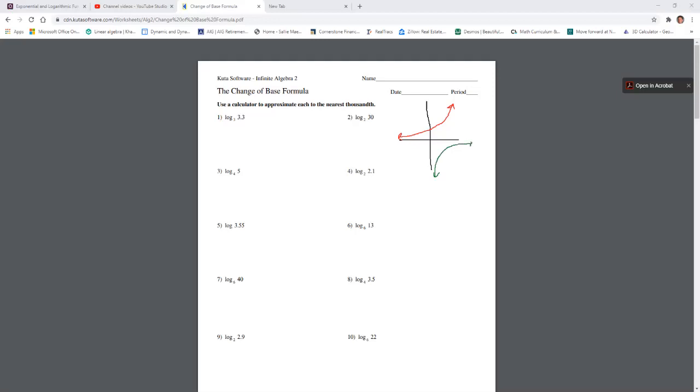And notice that if you were to shine a mirror, or I guess reflect a mirror through here, notice that the exponential function and the logarithmic function are inverses of one another. And that's why we can use those to solve logarithmic expressions and to simplify or solve exponential functions as well. So kind of know that, keep that in the back of your mind.